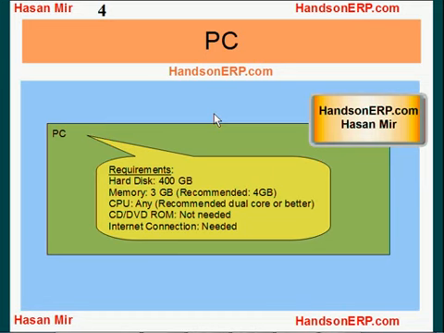CPU could be any Intel or AMD, and it could be of any speed. Obviously, if you're buying a computer with 400 GB of hard disk and 3 GB of RAM, it would be a decent CPU. But if you can get a CPU that has at least 2 cores or more, like dual core or quad core, for example, that will be much better.